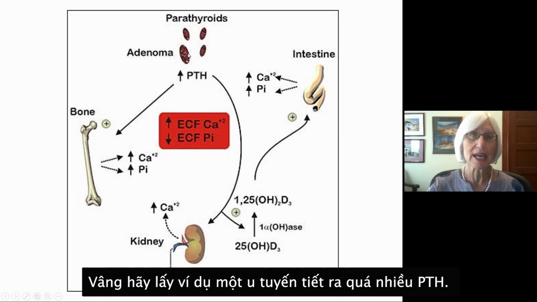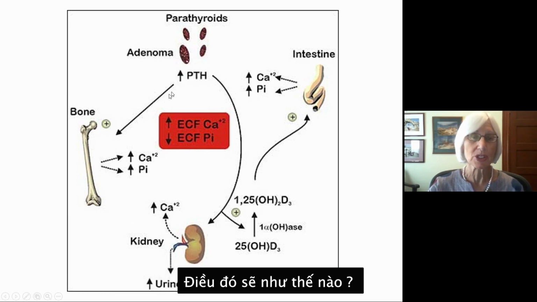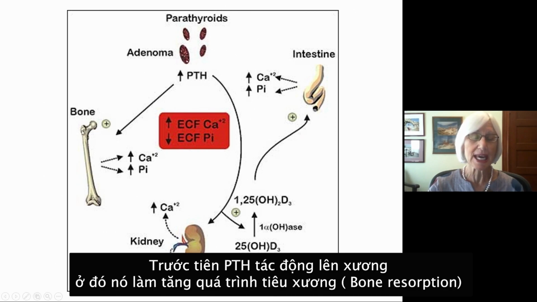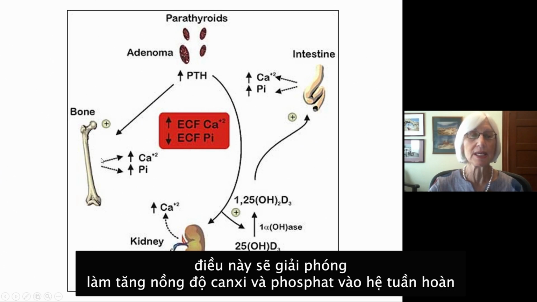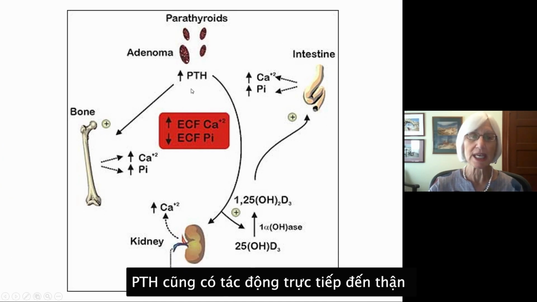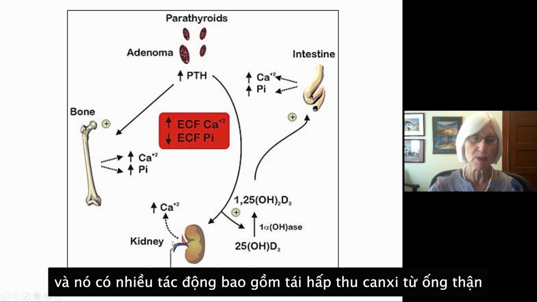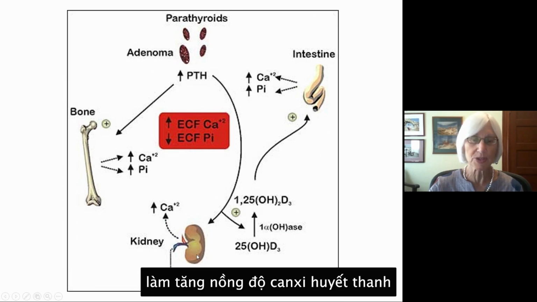So let's take, for example, an adenoma secreting too much PTH. What does that do? First of all, PTH acts on the bone, where it increases bone resorption. This releases increased levels of calcium and phosphate into the circulation. PTH also has direct effects on the kidney, and it has multiple actions, including reabsorption of calcium from the renal tubule, increasing serum calcium.